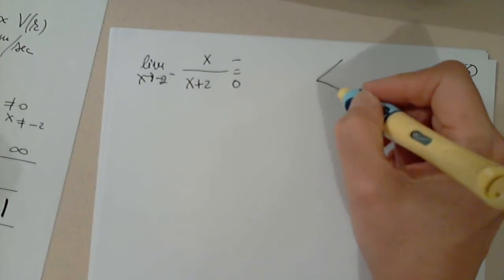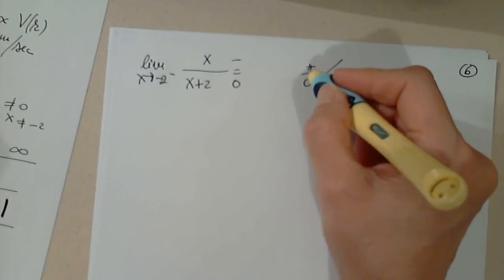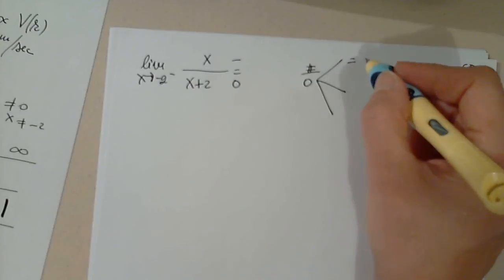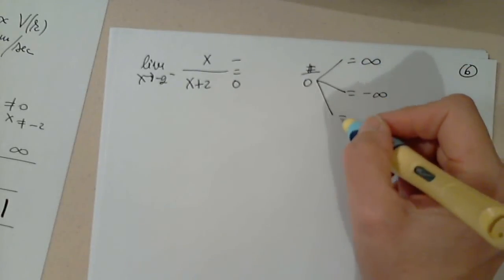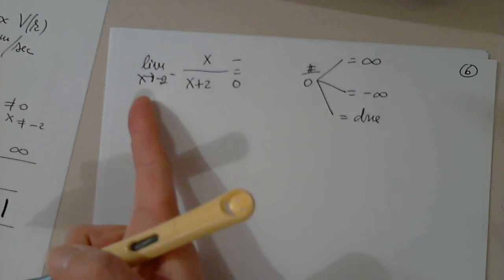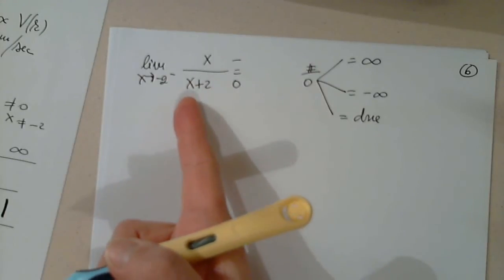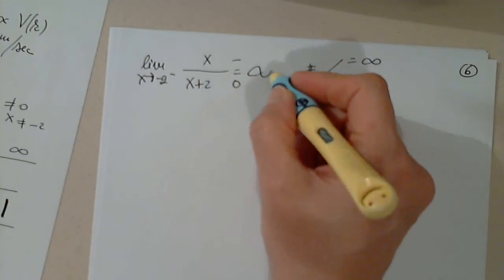If you remember, we know that a situation like this, a number over 0, always turns into infinity, negative infinity, or DNE, one of these. Well, -2 from the left, -2.1. -2.1 plus 2, negative. Negative of a negative, positive.